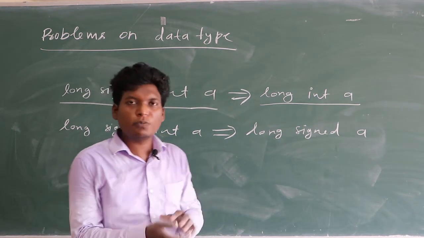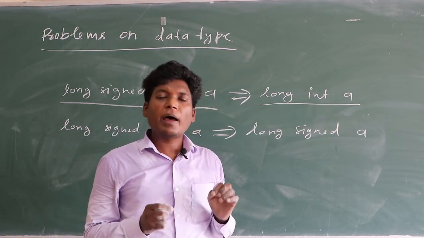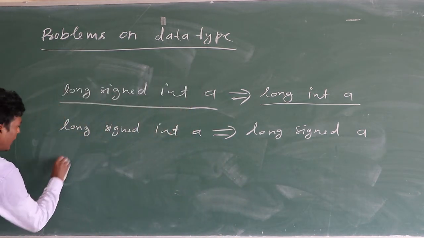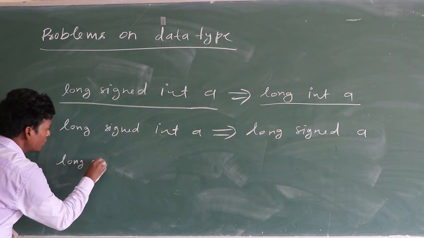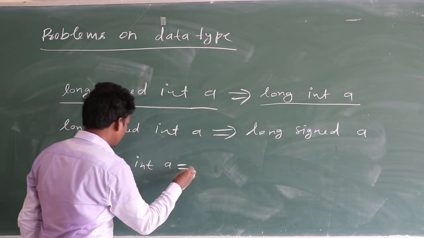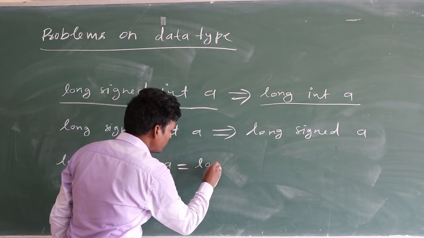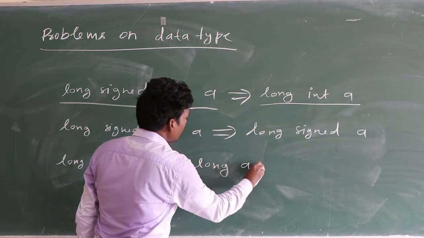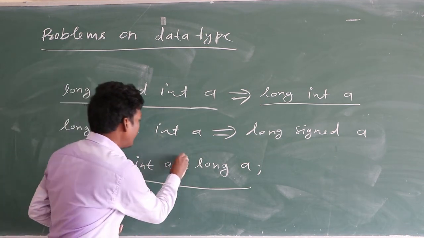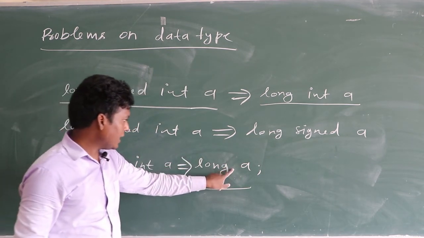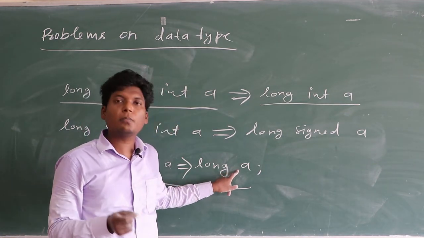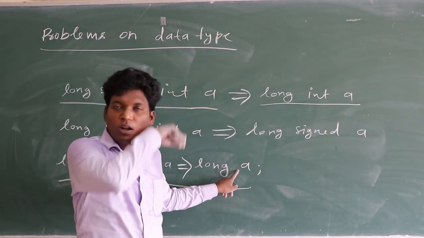If we combine both features, by default data type is signed, by default data type is int, then we can write long signed int A equal to long A. Long signed int A can be written as long A, because signed is hidden, by default data type is signed, and int is also hidden because data type is by default int.